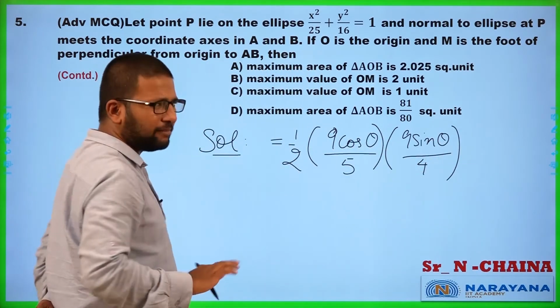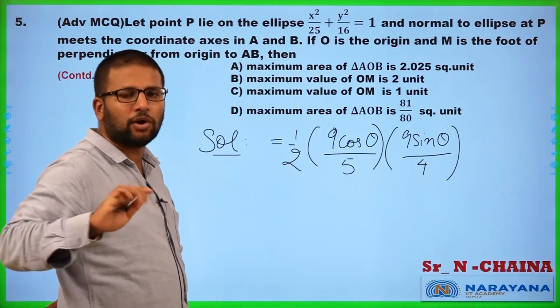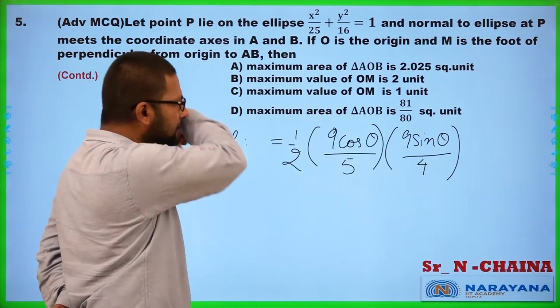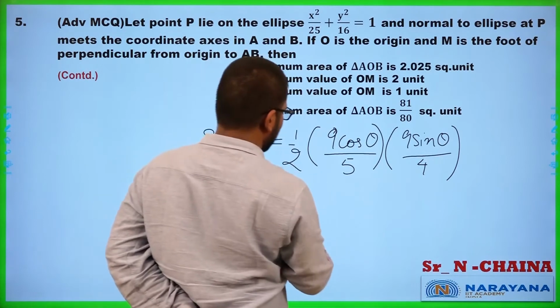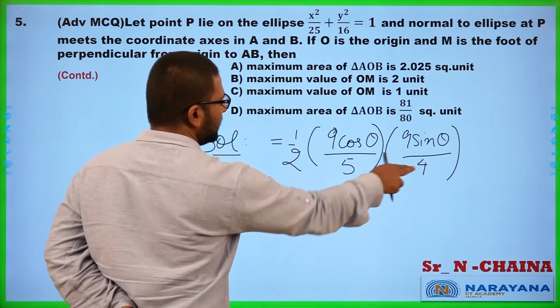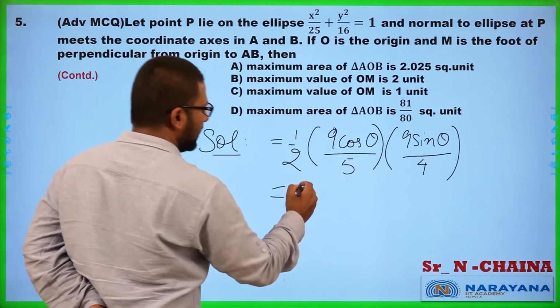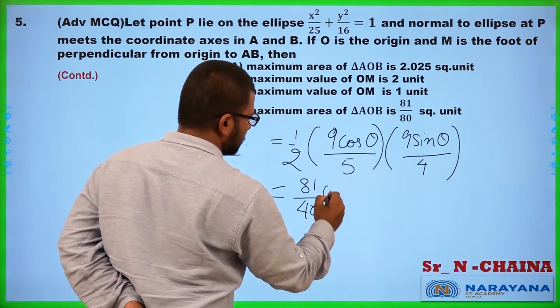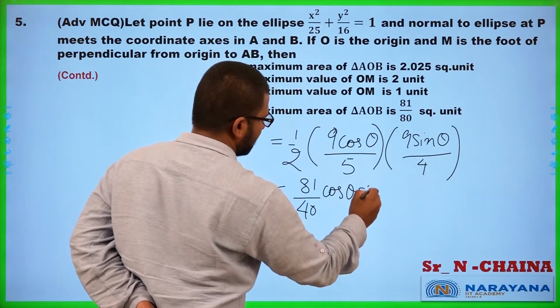Observe that we are not taking the minus because we are only taking length, not the coordinates. So don't take the minus. This is the area, which is 10 into 4, 40, so 81 by 40 into cos theta sin theta.